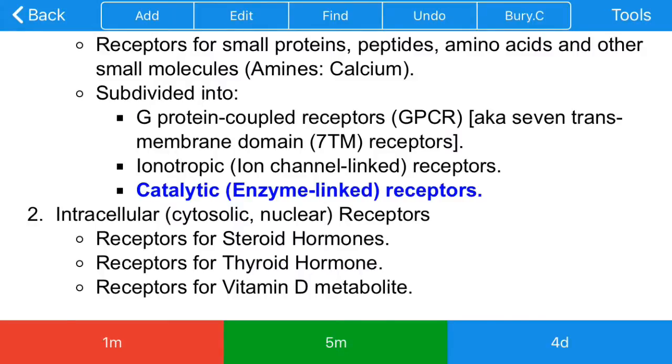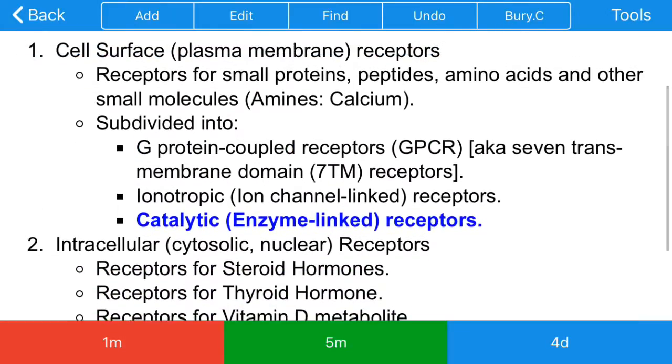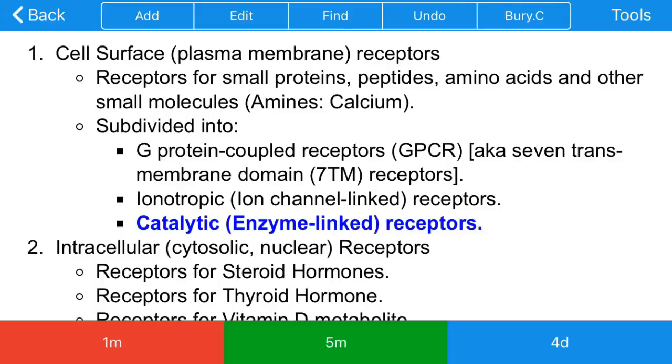That's right, tyrosine kinase. Intracellular, there are 3: vitamin D3, steroid, thyroid. We talked about those. So there are cell surface. Okay, cool. So these are the 2 main classifications. That's why I was confused earlier. We have cell surface, and then we have intracellular.